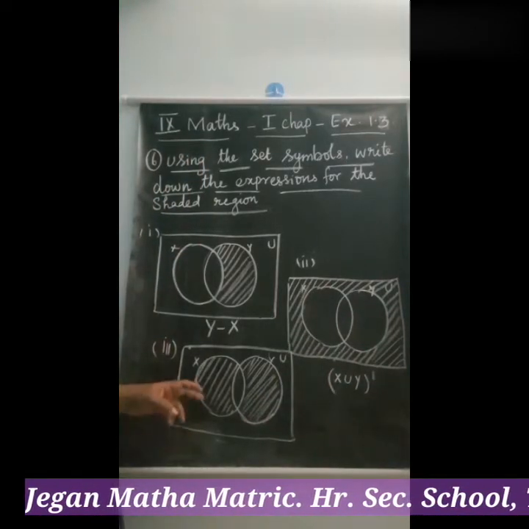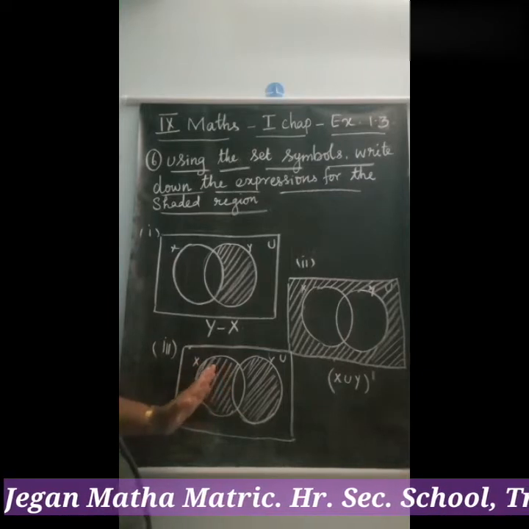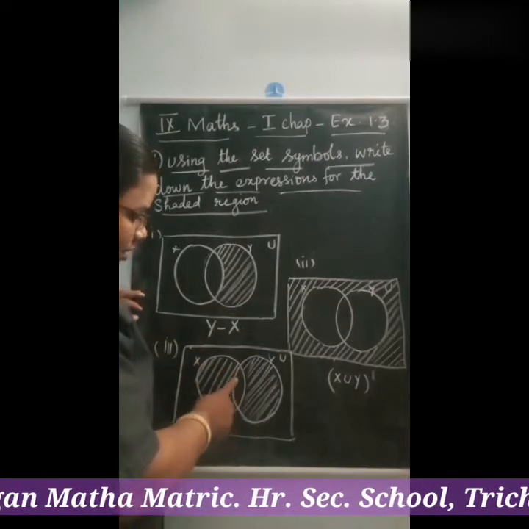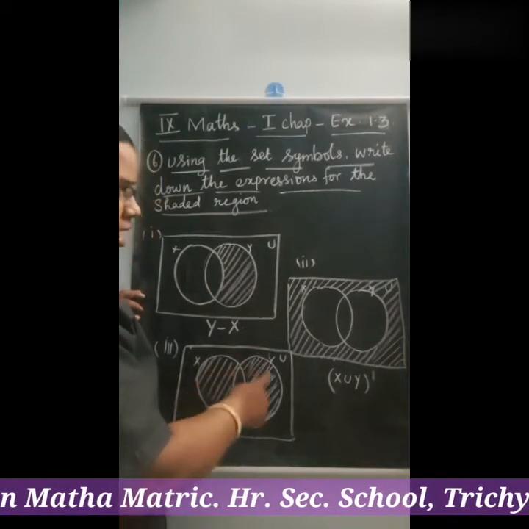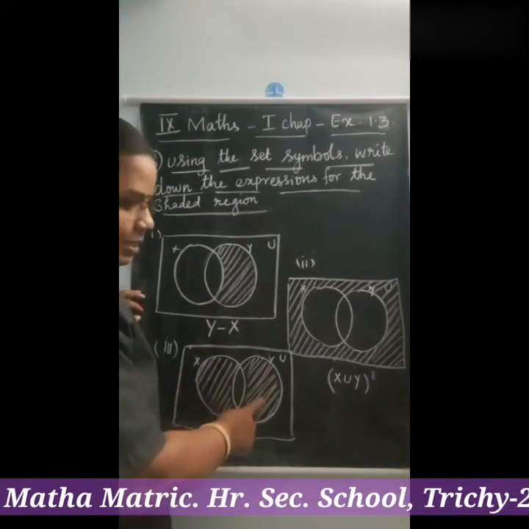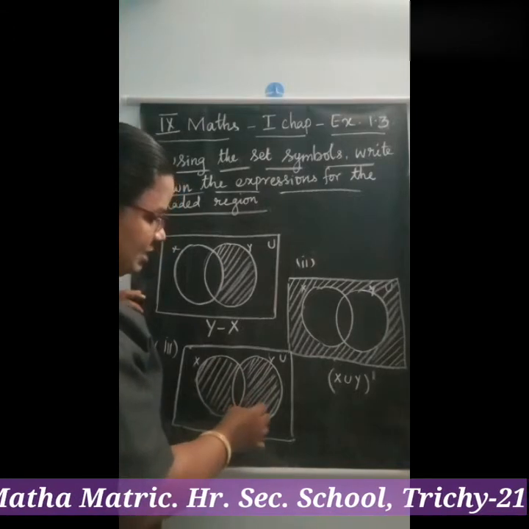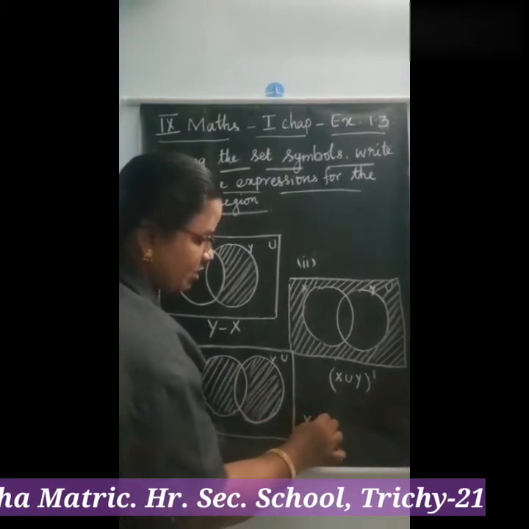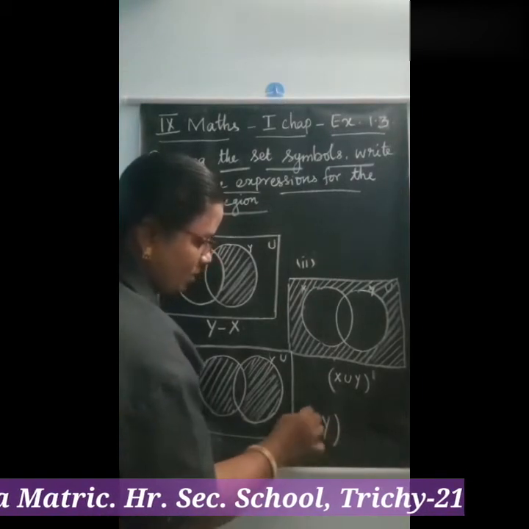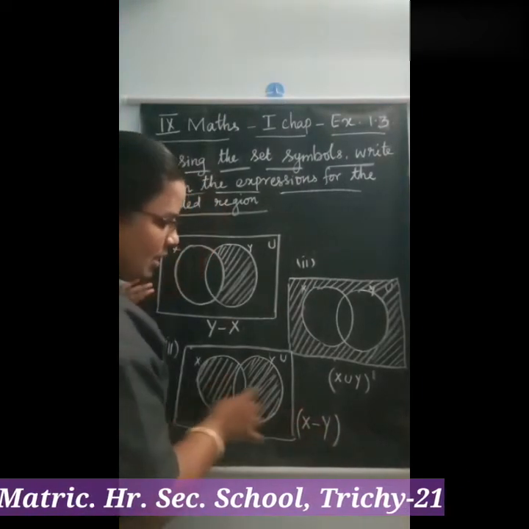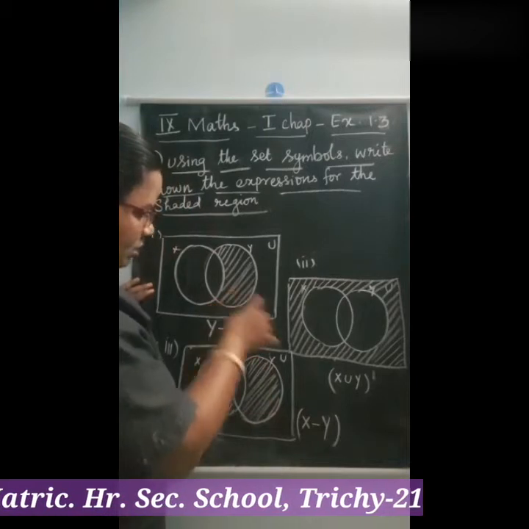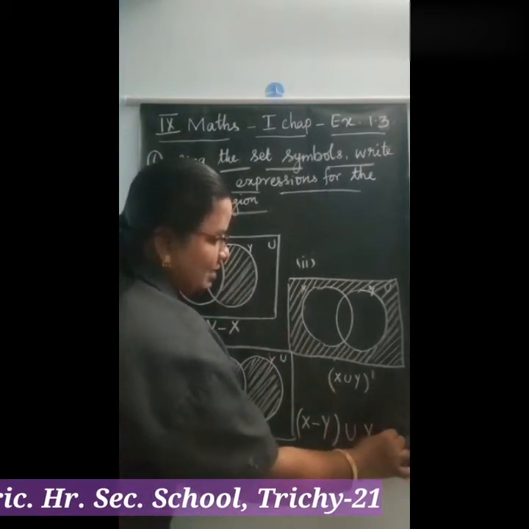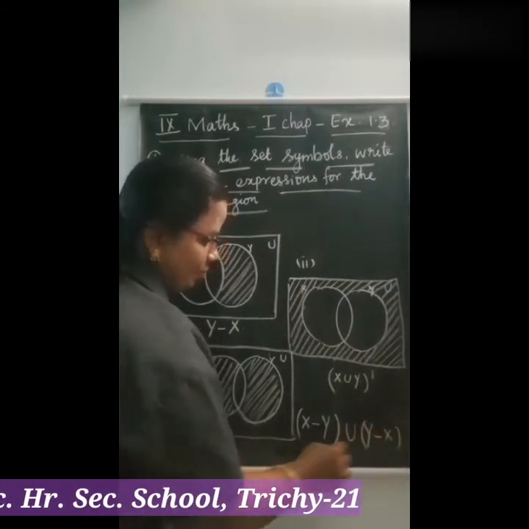Next question. Except that common part, the remaining parts of x and y are shaded here. So how do we express this shaded region? x difference y is this part, and y minus x is the second part.